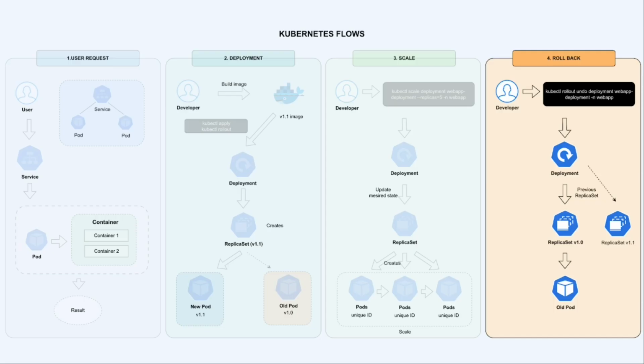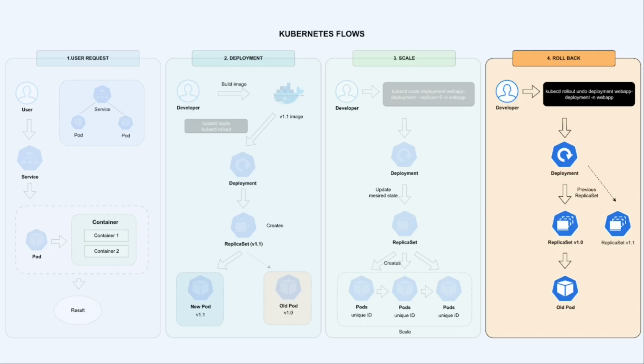Kubernetes keeps a history of application versions using ReplicaSets. When a rollback is triggered, Kubernetes restores the previous ReplicaSet. The previous ReplicaSet then recreates pods that run the older stable version of the application.